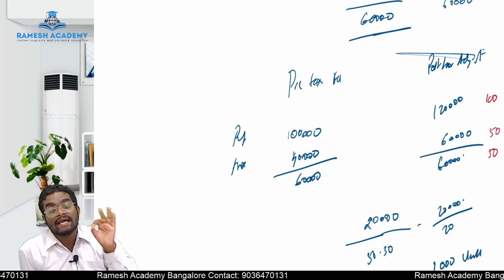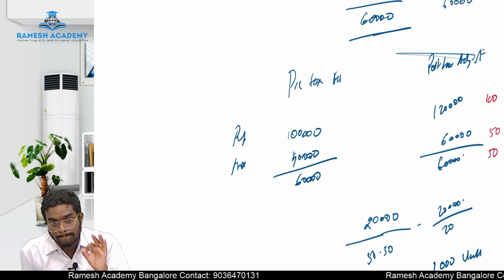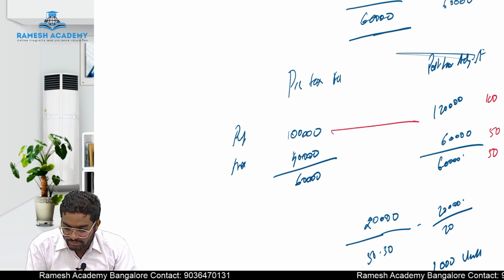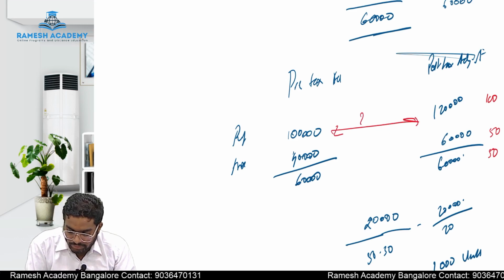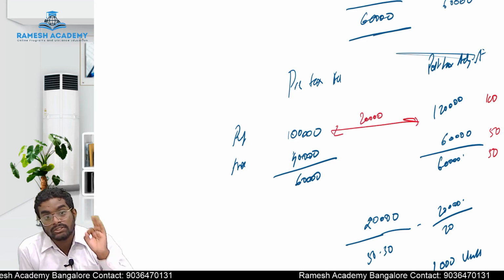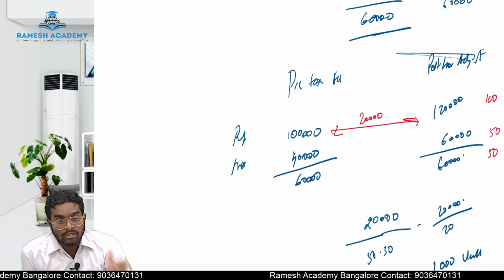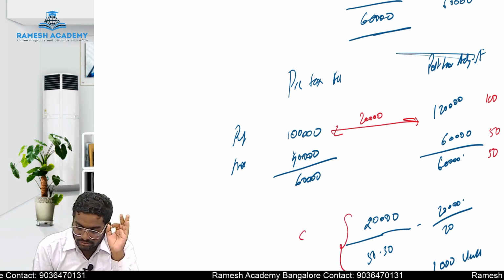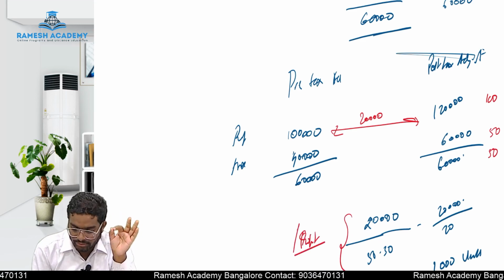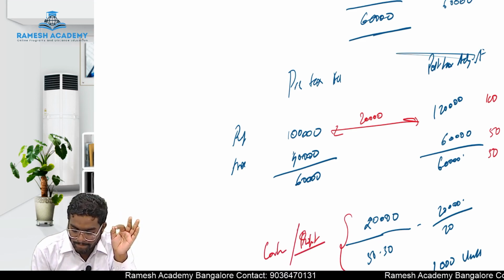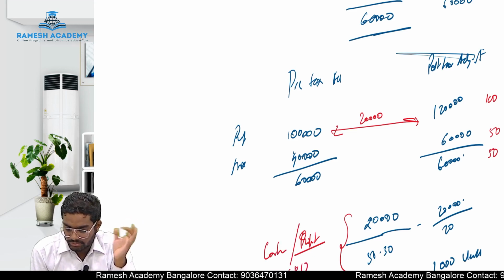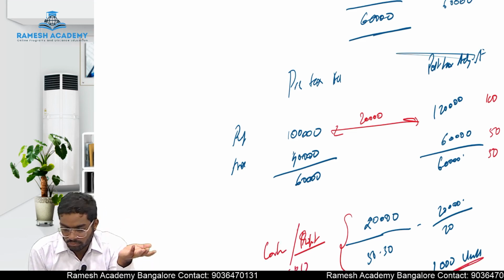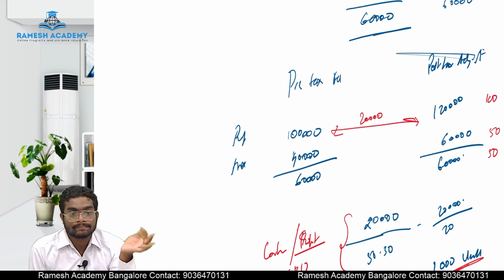So pre-tax profit is 1,20,000, the change is 20,000, but there will be no change in fixed cost. There is only a change in contribution. So that is the reason I divided the contribution change by the contribution per unit. So I got 1000 units. Simple.